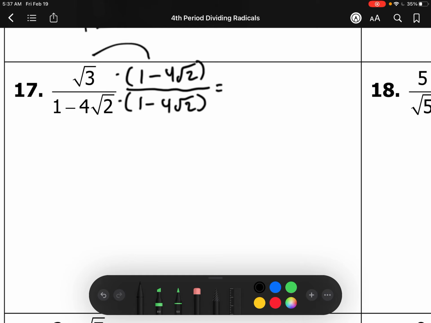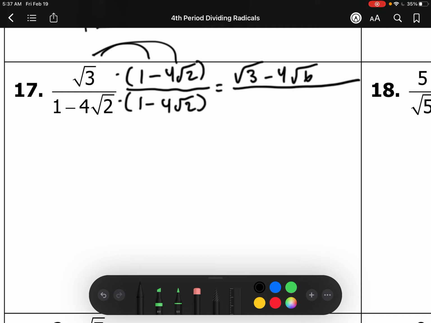All right, so we're going to distribute this square root of 3. So square root of 3 times 1 is square root of 3. Square root of 3 times negative 4 times the square root of 2 is going to be negative 4 times the square root of 6.